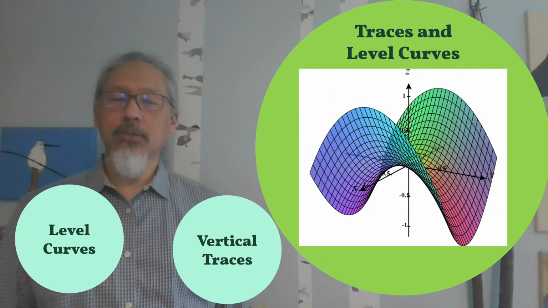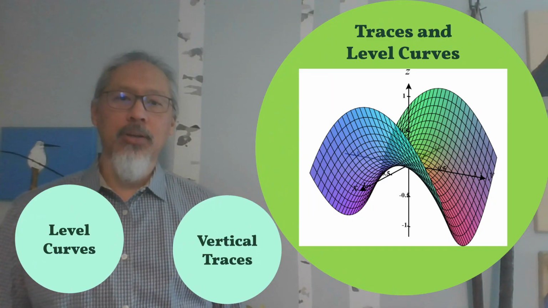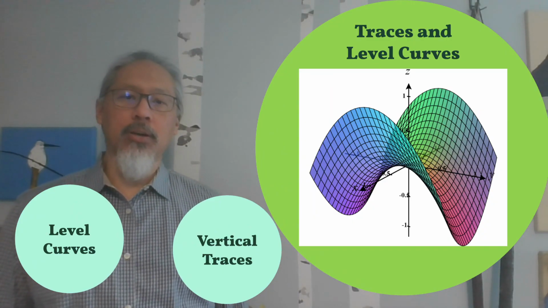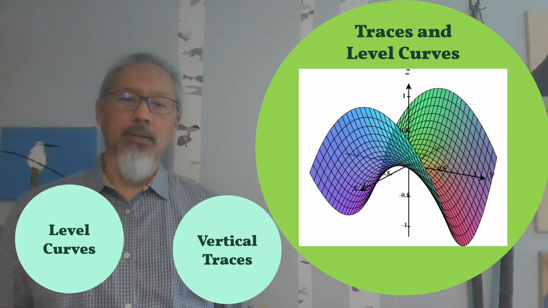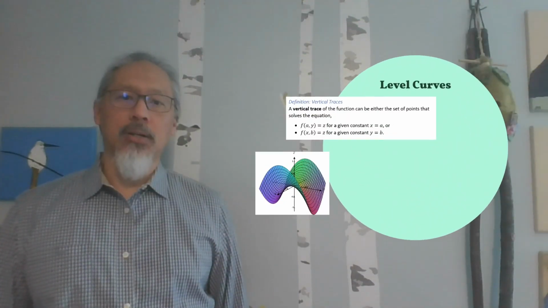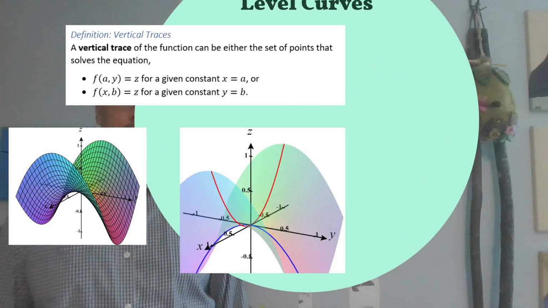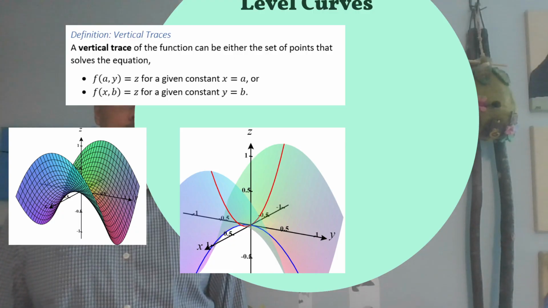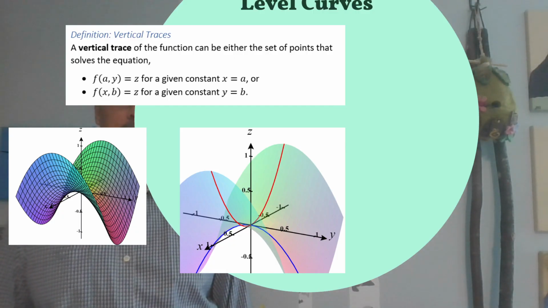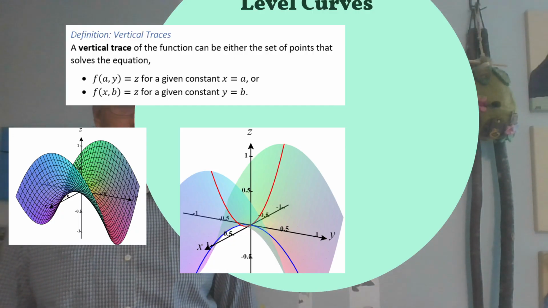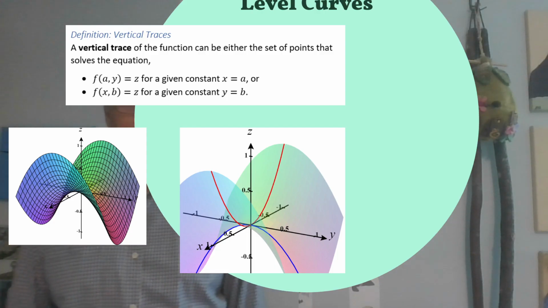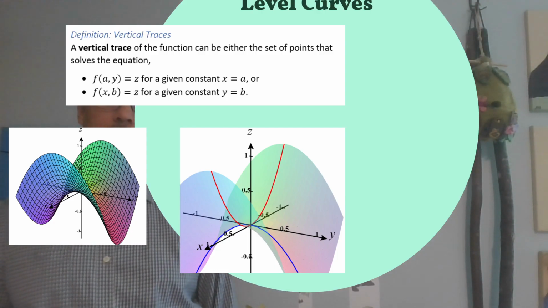Now there are also vertical traces where we take our graph and we cut it with another plane, a vertical plane. Let's cut it with the xz plane and the yz plane.